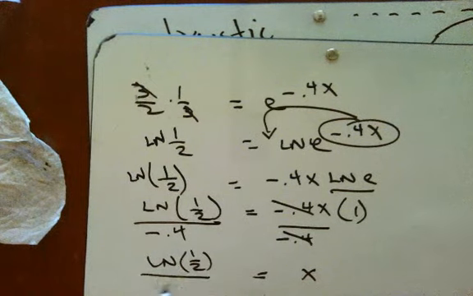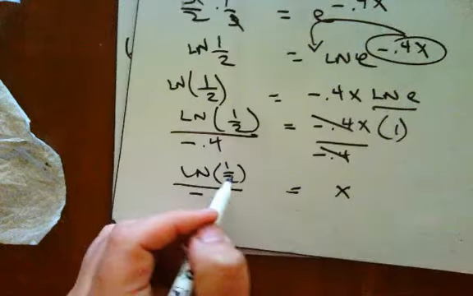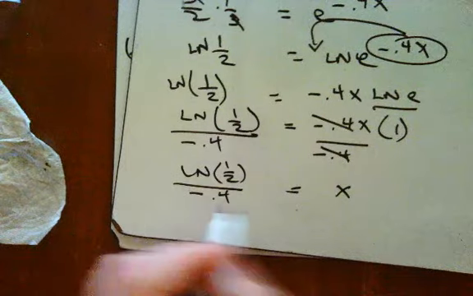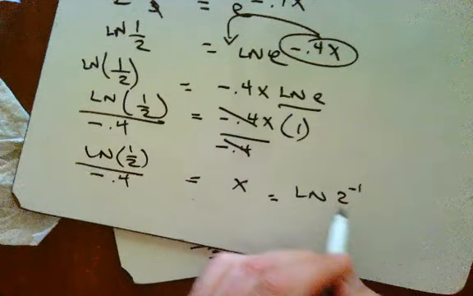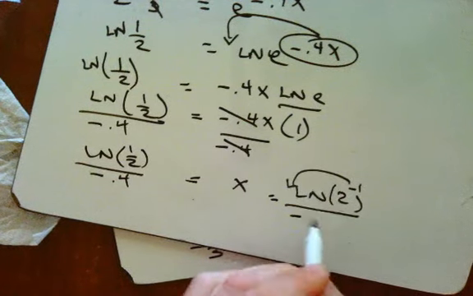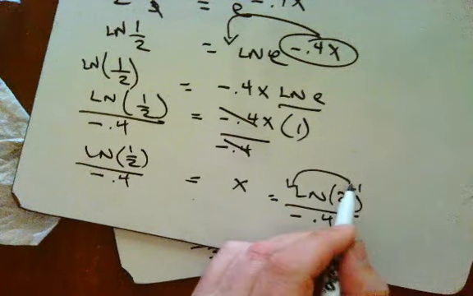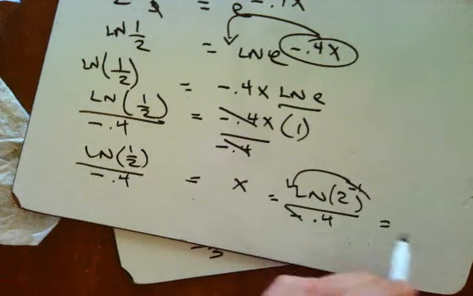We said the ln of e was negative 1. I'm sorry, positive 1. So now I'm looking at this. In order to get this x by itself, I need to get rid of the negative 0.4 times x. So I'm going to divide by negative 0.4. These will cancel, and x will be ln of 1 half over negative 0.4.